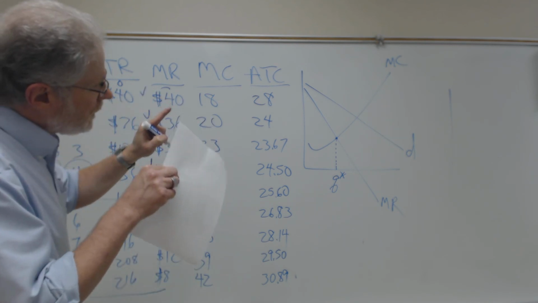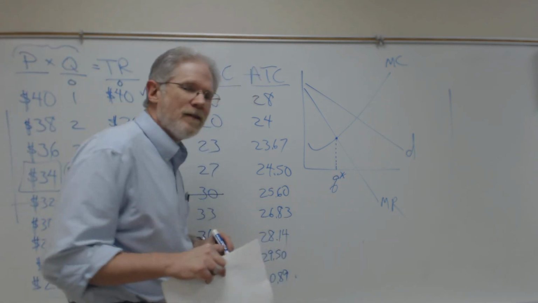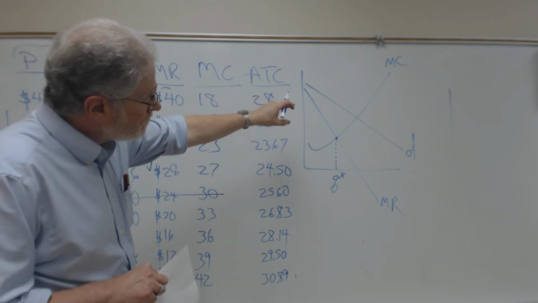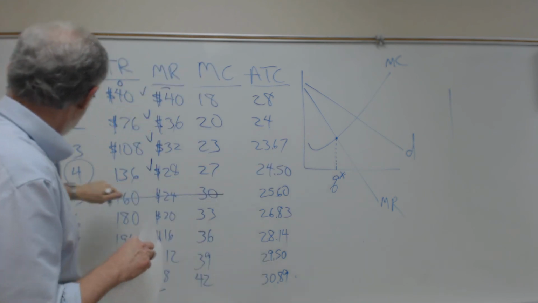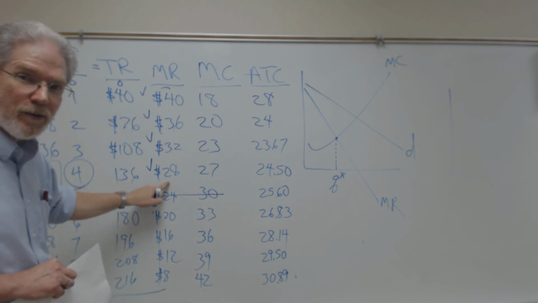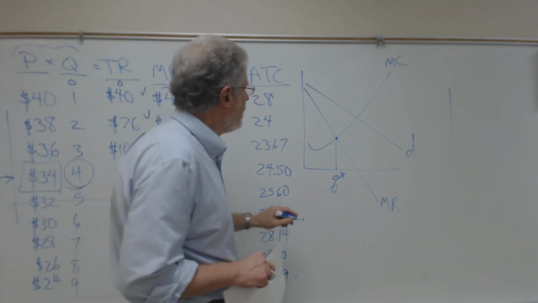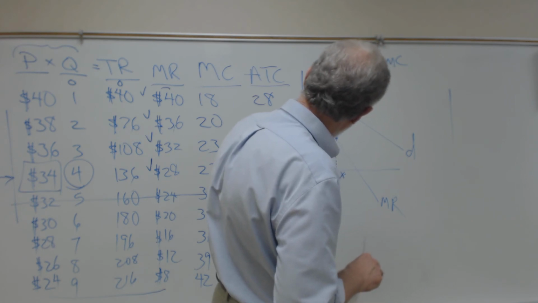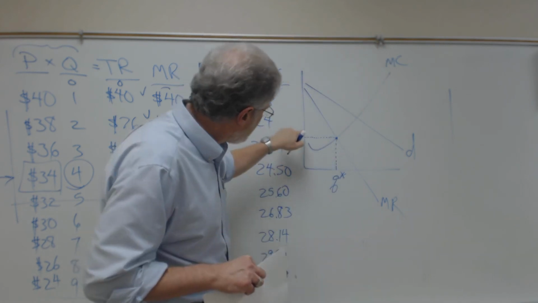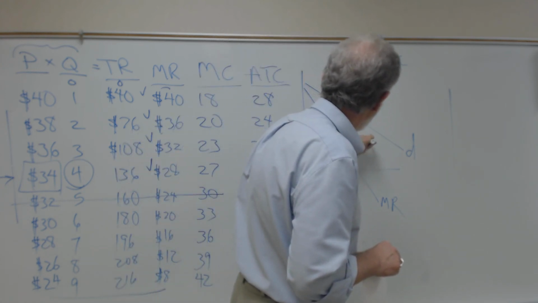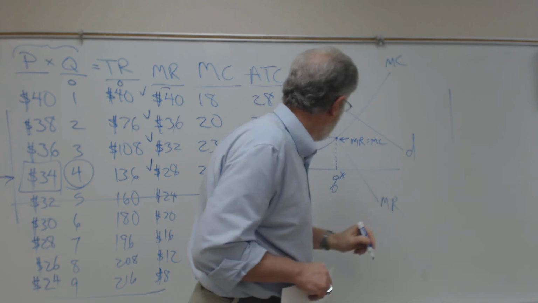What you want to be really careful about is determining the price when you're doing the graph. Notice for our solution here, the price was 34, marginal revenue was only 28. A lot of times people will read over to here and they think that's the price. No, that's the marginal revenue. That's where MR equals MC.